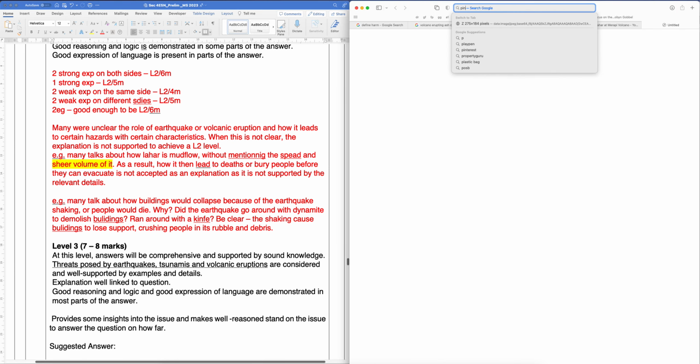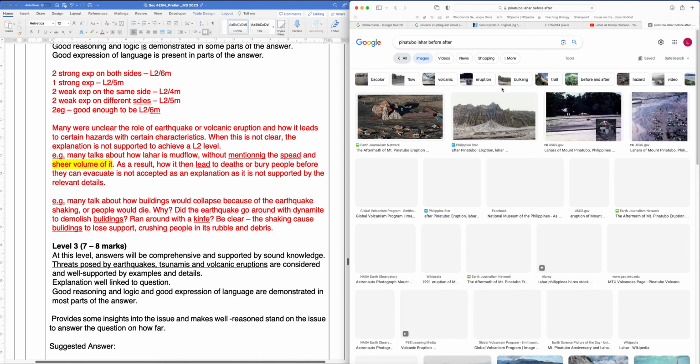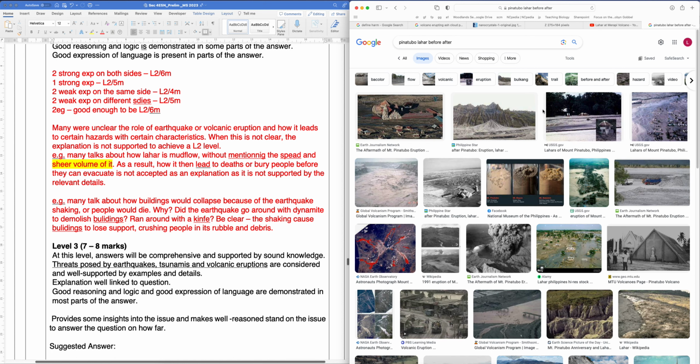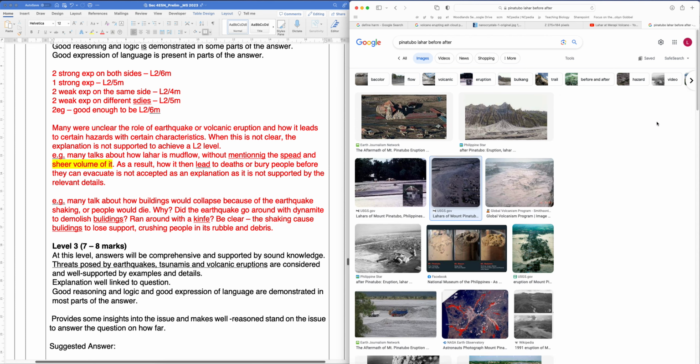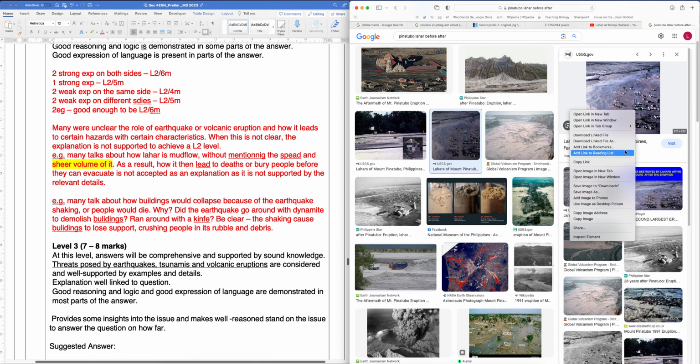So, Pinatubo lahar, before and after. If you take a look at the before and after pictures of Pinatubo in the Philippines in 1991, as you can see, how big is the volume?